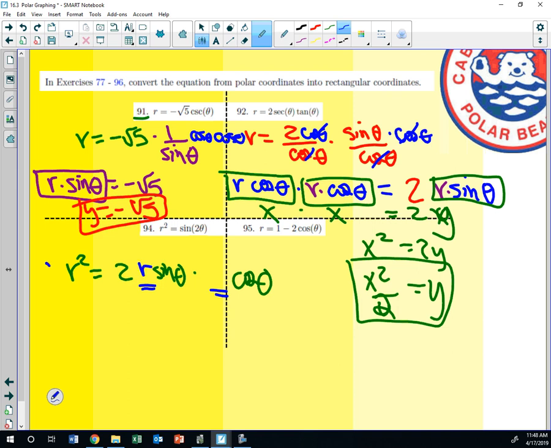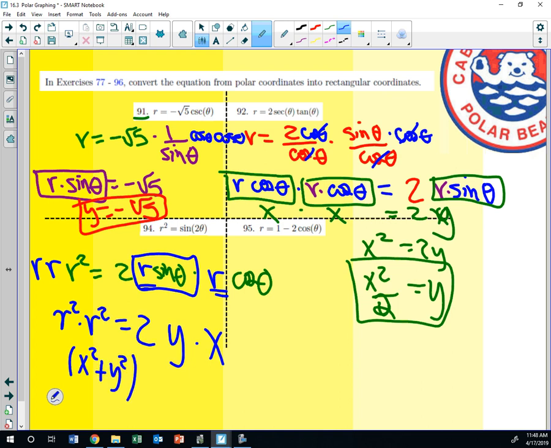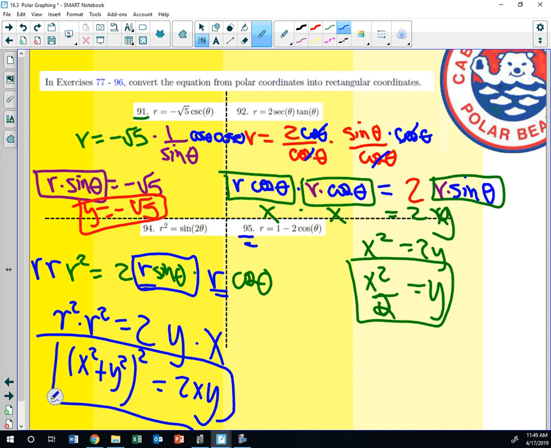So multiply both sides by r, and now you have r squared times r squared equal to 2 times y times x. And r squared is x squared plus y squared, and there's 2 of them, so it's squared, equals 2xy. Oops, I guess I did that one for you, didn't I? And that is dealing with polar equations and turning them into rectangular ones. You can try 95 on your own. It's interesting.